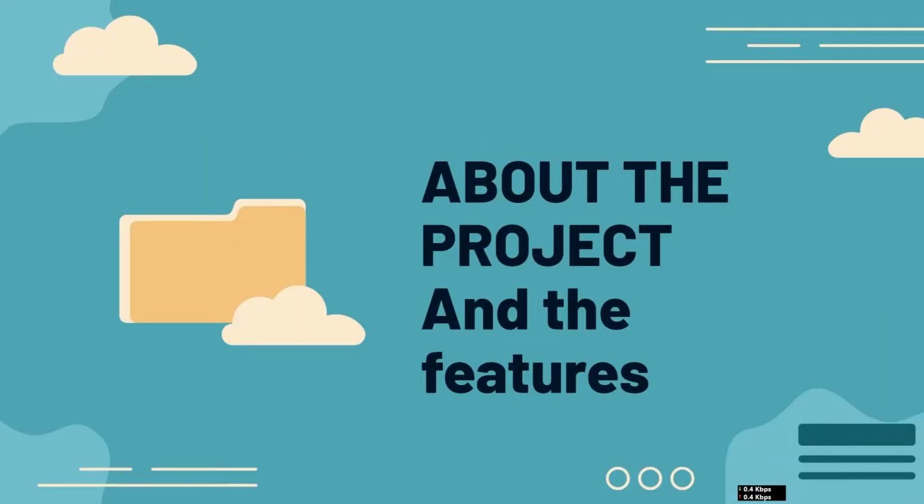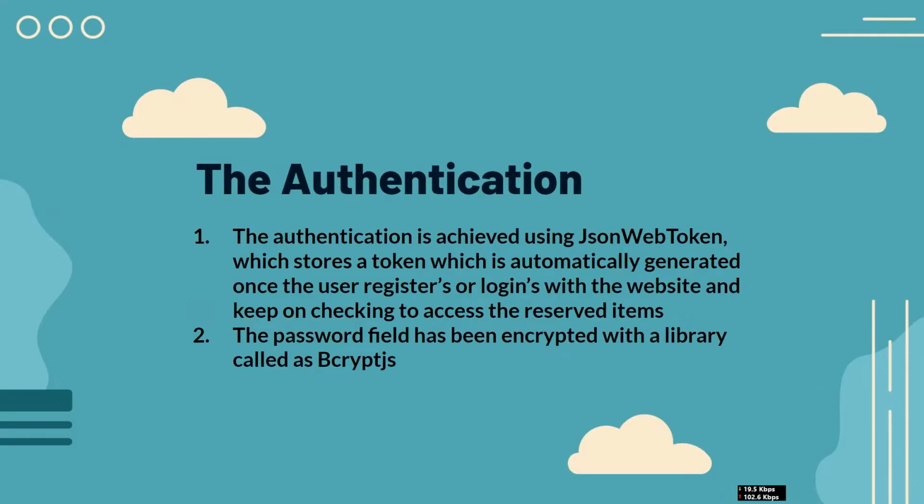Now let's talk about the project and the features which I have made. As said in the previous slide, the authentication part has been done by JSON Web Token, and the token is generated automatically and keeps on checking when we access the restricted items in our website. In the password field, I have encrypted it with bcrypt.js.